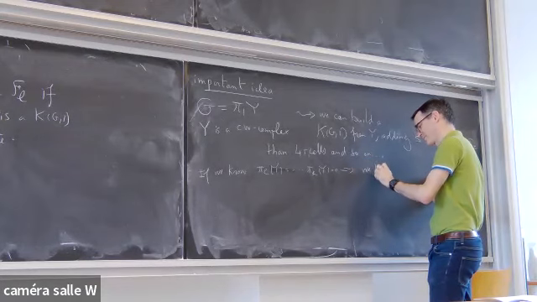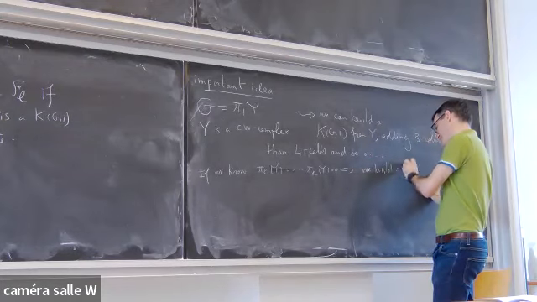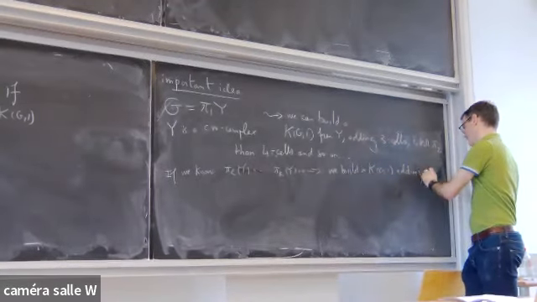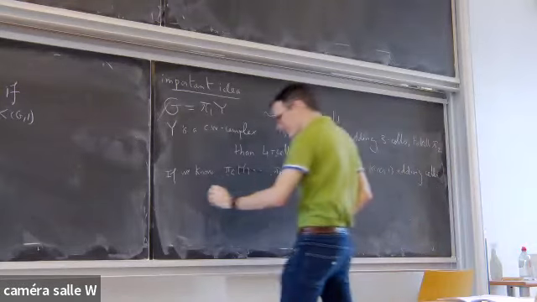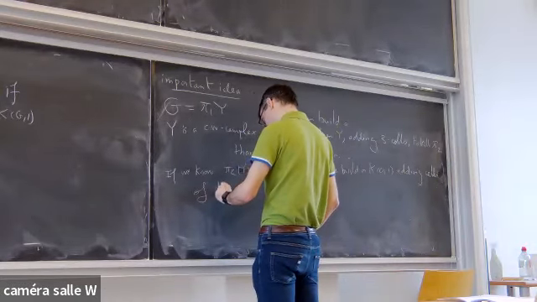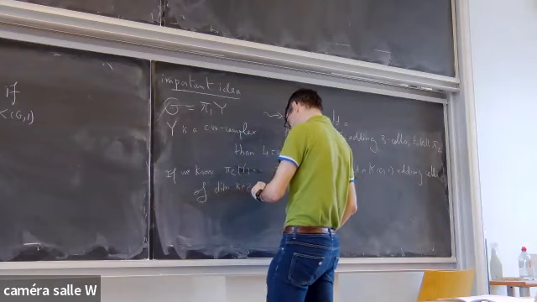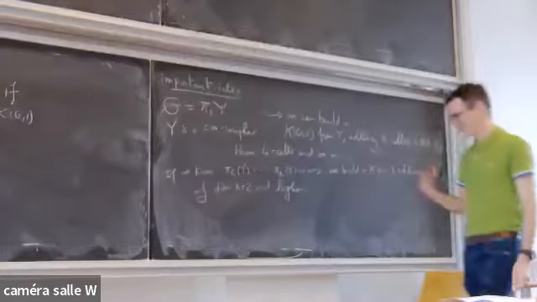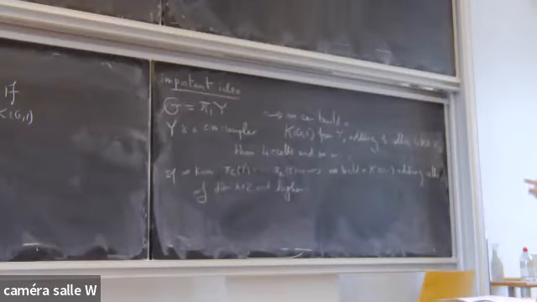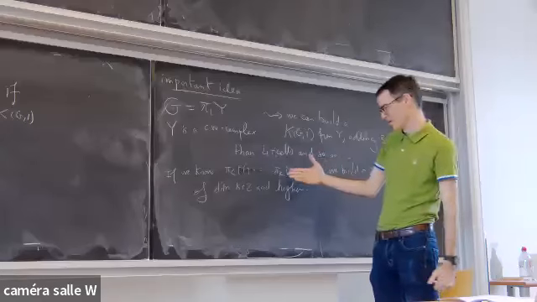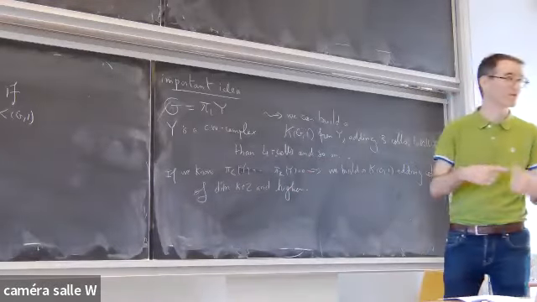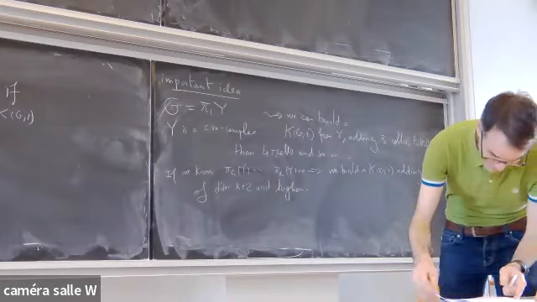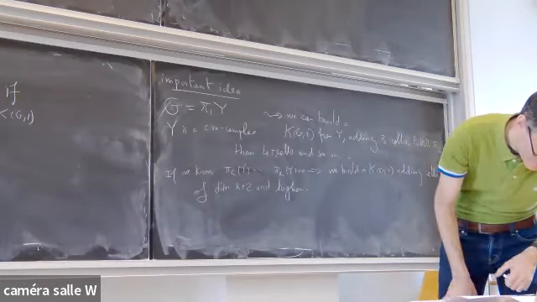So we build the K(G,1) adding cells of dimension K plus 2. So in particular, if Y was compact, we build a space whose K plus 1 skeleton is finite. Okay, so that will be a bit implicit.